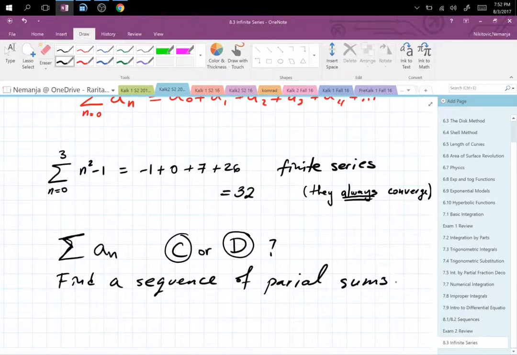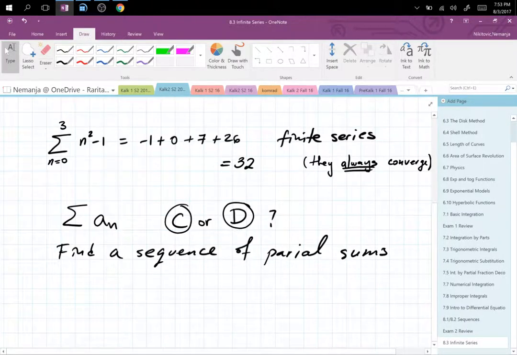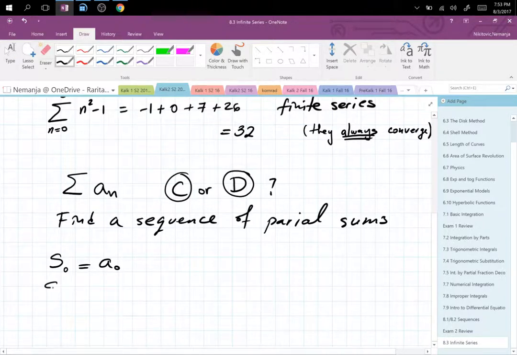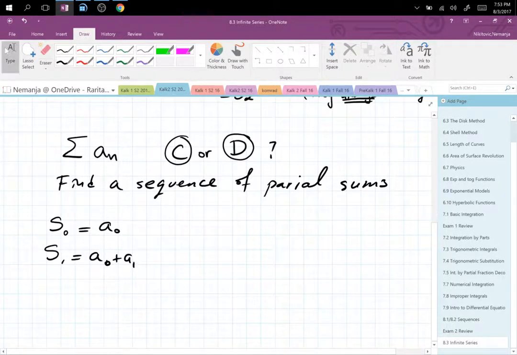It is very dangerous in this class, in this chapter, to draw conclusions between the two worlds of sequences and series, but sometimes we have to do it. So the first partial sum, S0, is just the first term A0. S1 is A0 plus A1.